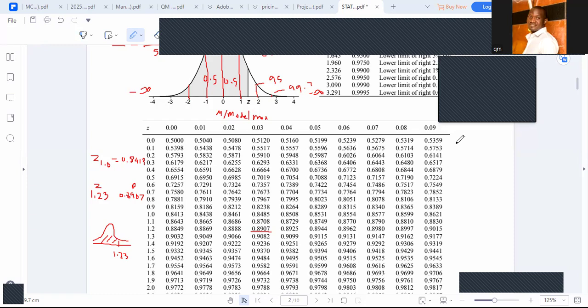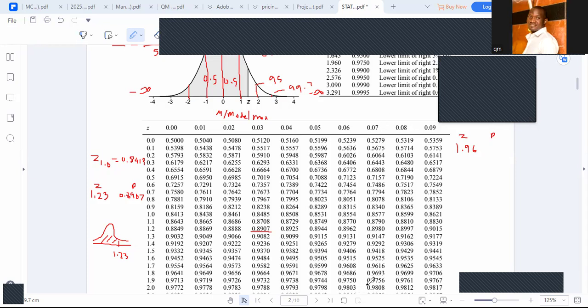Question. Give me the probability of the Z 1.96. What is the probability of 1.96? What do we get? 0.9750. 1.9 and 0.06.